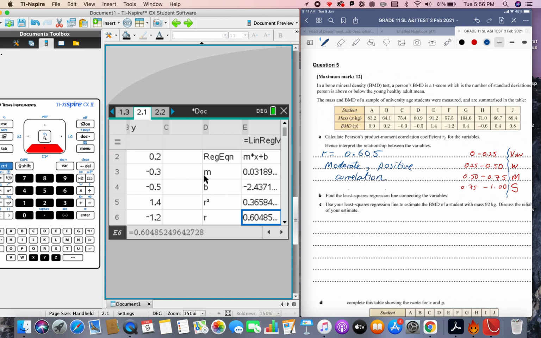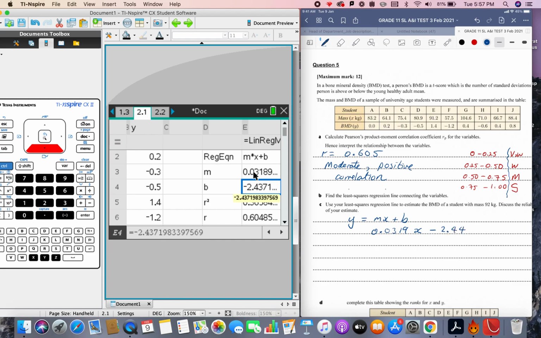And now B, find the least squares regression line. Well, we can write that down straight away. It's y equals mx plus b. And from the calculator, it tells us the m is 0.0319, so 0.0319x. It tells us the b value is negative 2.44.